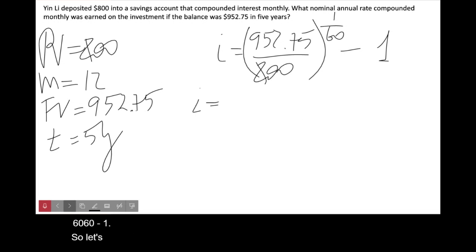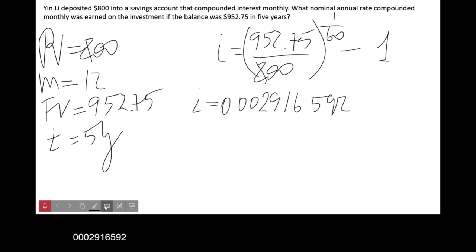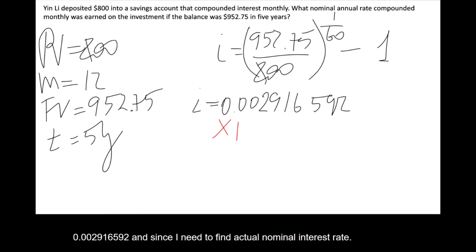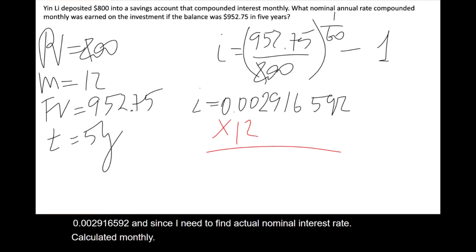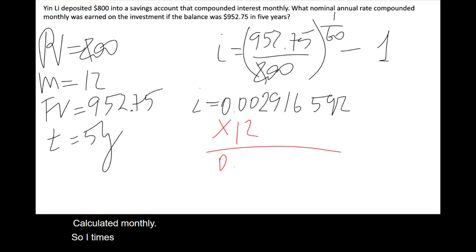So let's find i. 0.002916592, and since I need to find the actual nominal interest rate compounded monthly, I times 12, 0.034999102.